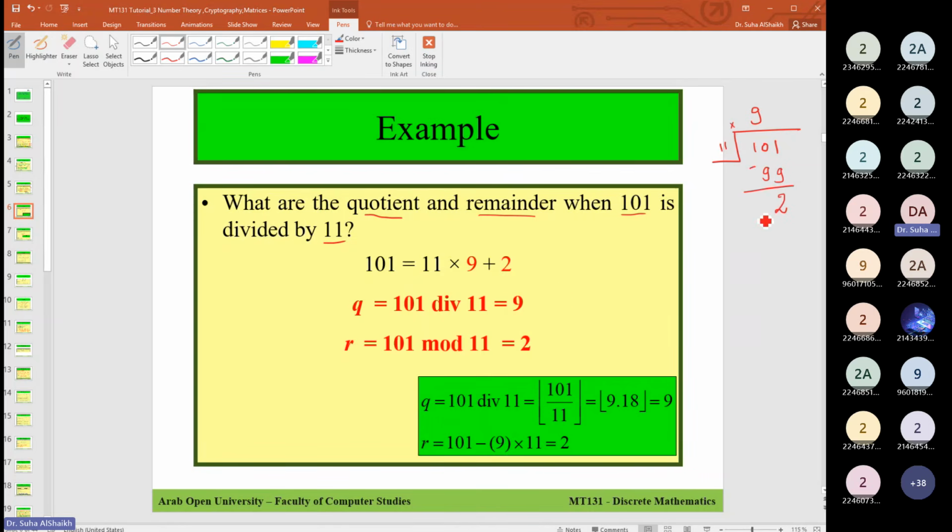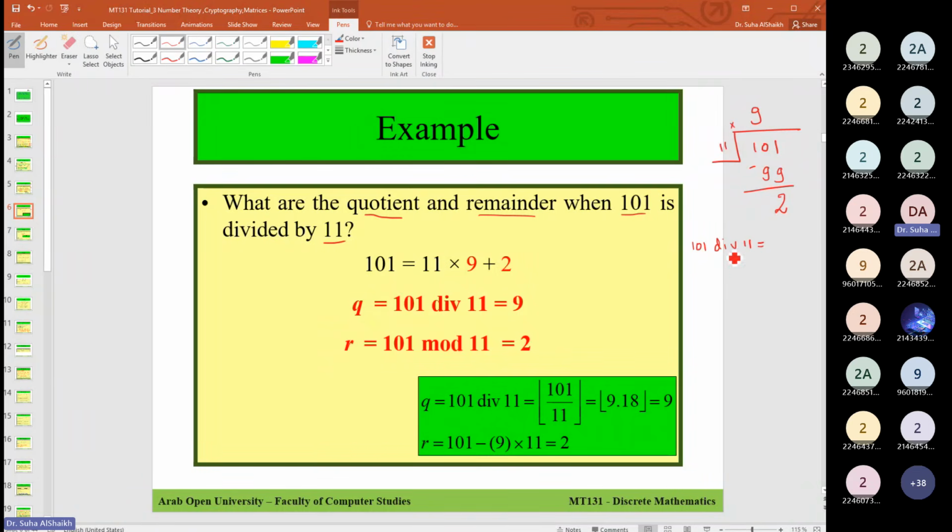The remainder must be less than the number we are dividing by, and this will happen here if you follow this step. So what is 101 div 11? What is 101 div 11?